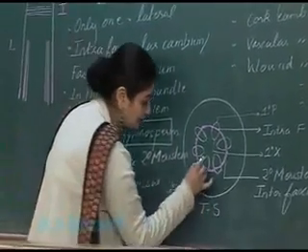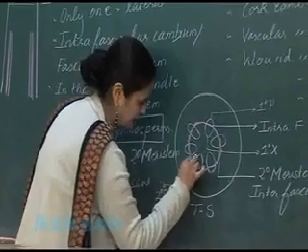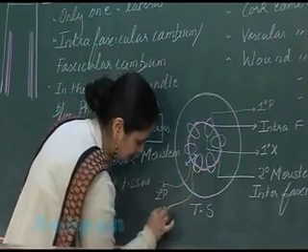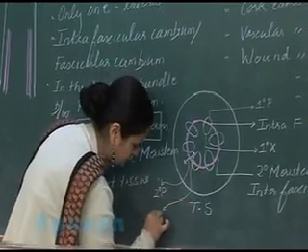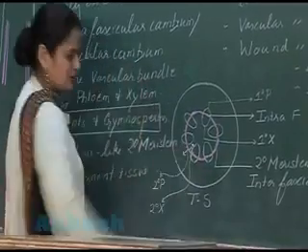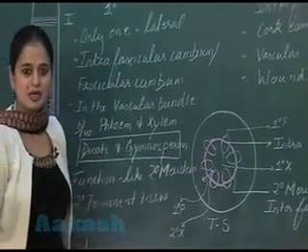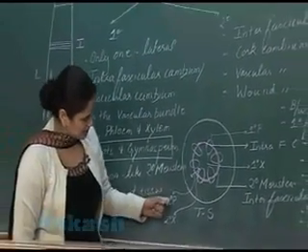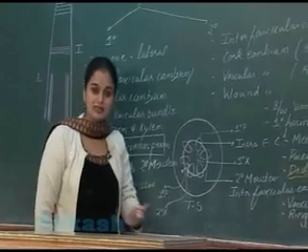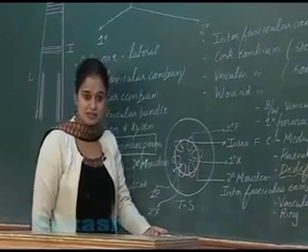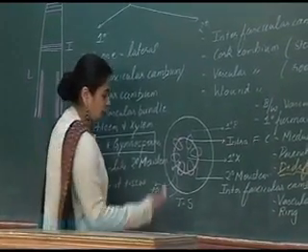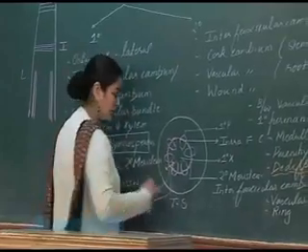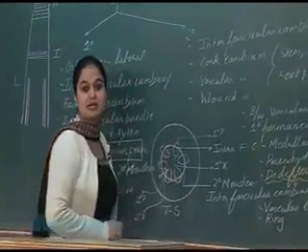The cells that are cut towards the inner side are differentiated into secondary xylem. So this is secondary permanent tissue. That is the function of the secondary meristem. Cells are being cut towards the outer side and also towards the inner side.